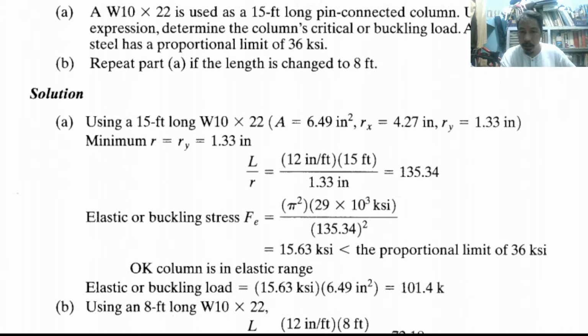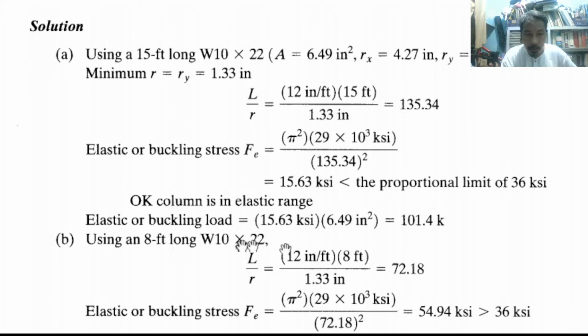Compare this one to this one. This is 15 feet, this is 8 feet. So using the same formula, but now you are using the new ratio, 72.18. So what is the value?